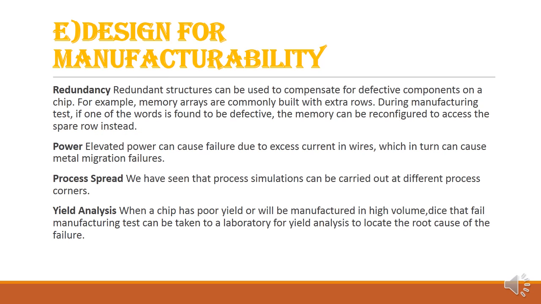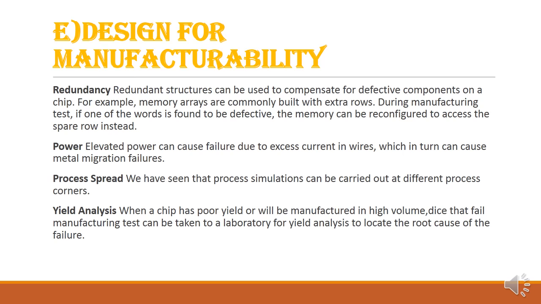Then the next thing is redundancy. We can add redundant structures which can compensate for defective components on the chip. If any one row or column is defective, then we can use that redundant structure. This will help to easily avoid the errors.